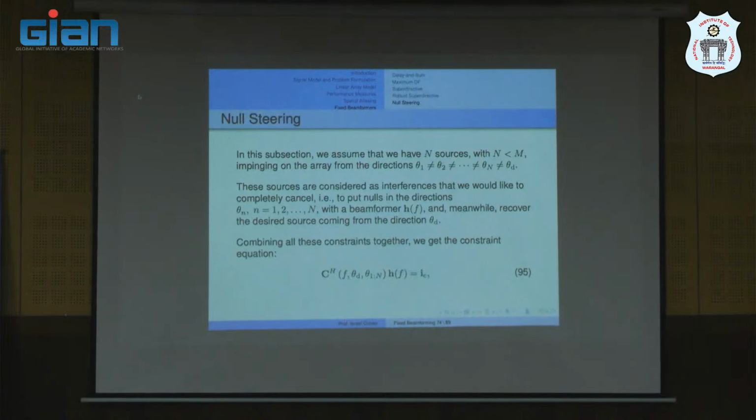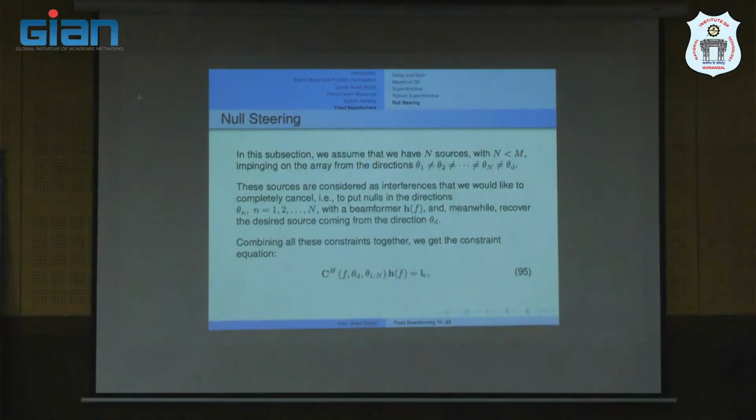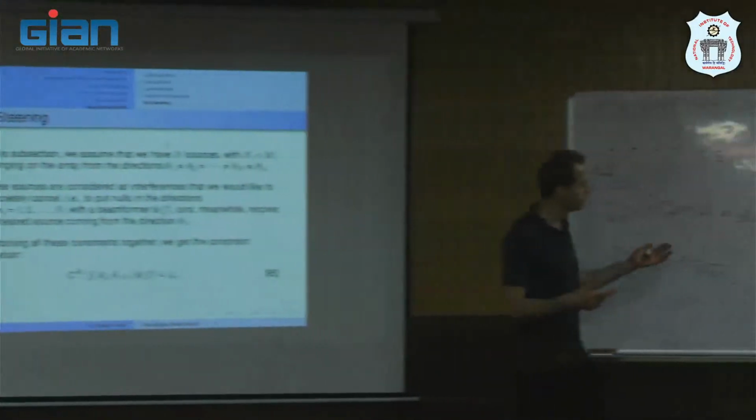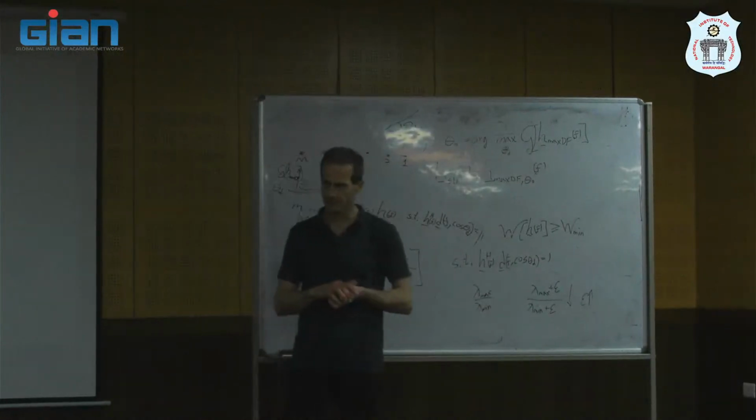I remind you that with fixed beamformers, I assume that the noise field is either spatially white or diffuse, or a combination of these two, with the parameter epsilon or parameter alpha, as we showed. A combination means that I try to optimize both with a trade-off. So this is a trade-off parameter.